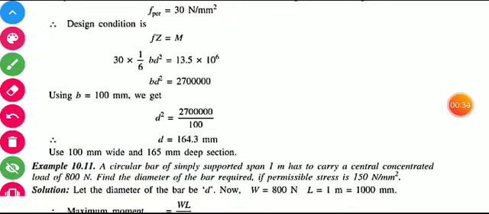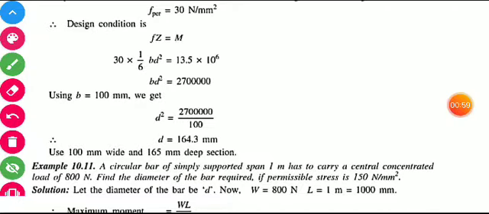Whether we choose tensile or compressive stress depends upon the section modulus, because the higher the section modulus, the higher the moment carrying capacity and the higher the load carrying capacity of the particular beam. So in the previous question we discussed all these things.